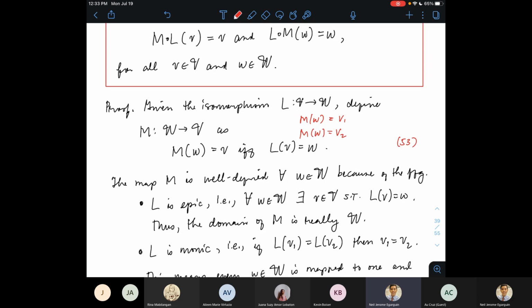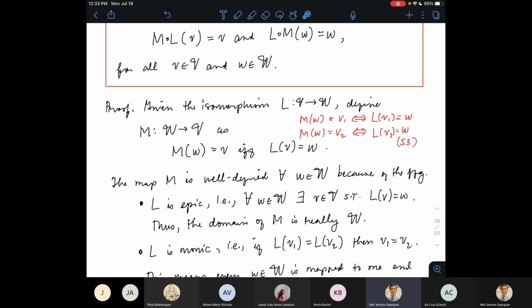Now, to prove that this is well defined, I'll use the fact that L is monic. So why is that true? This happens if and only if L of V1 is equal to W, and this happens if and only if L of V2 is equal to W, right? That's the definition of M. But here we see that L of V1 is equal to L of V2.